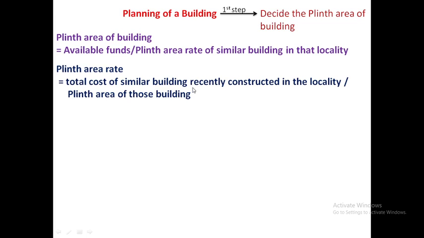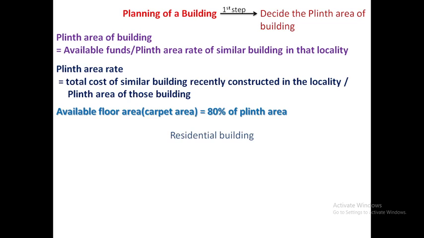And the available floor area, also called carpet area, is about 80% of the plinth area. And this floor area can be divided into various rooms on the basis of our requirement and standards specified by the local authority. In a residential building, floor area can be divided into living area.